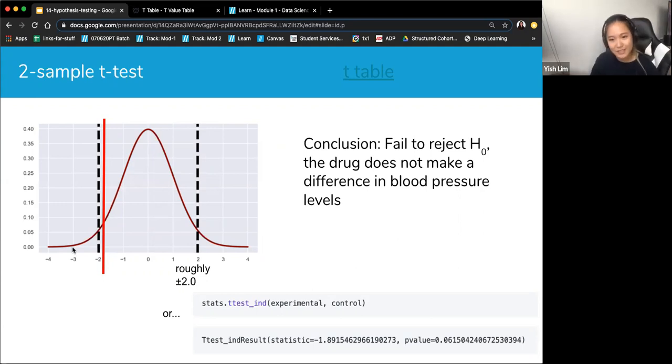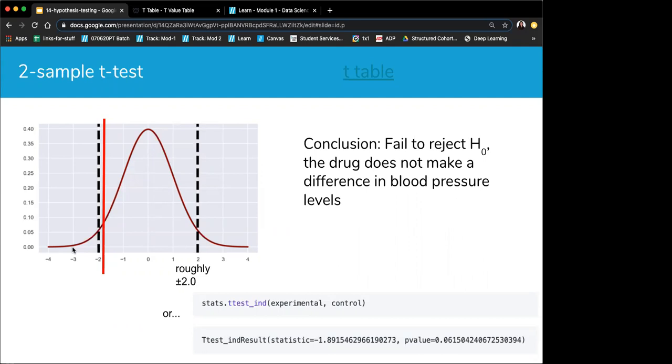But it still has some chance that, by off chance, all the people that you tested just had a really great reaction to this drug that is not representative of how the drug would act on most people.